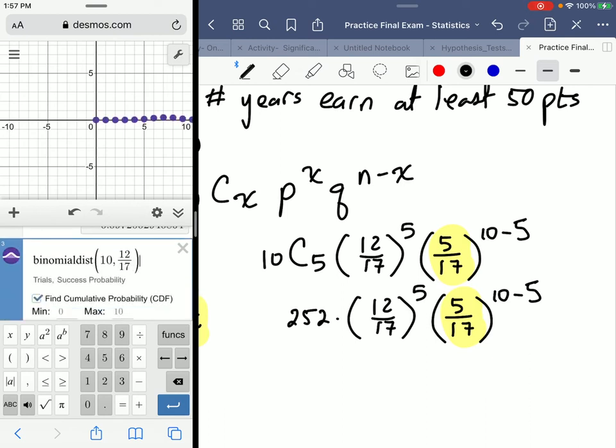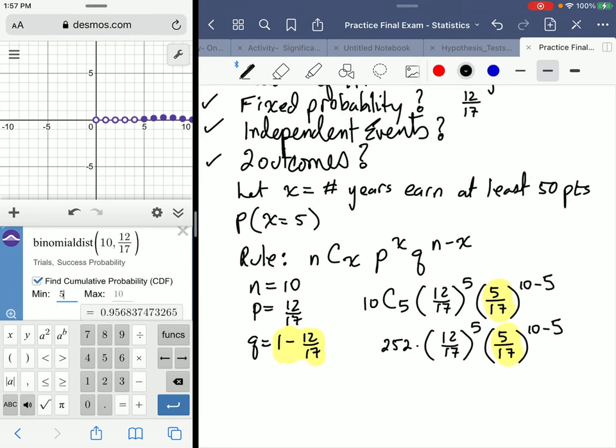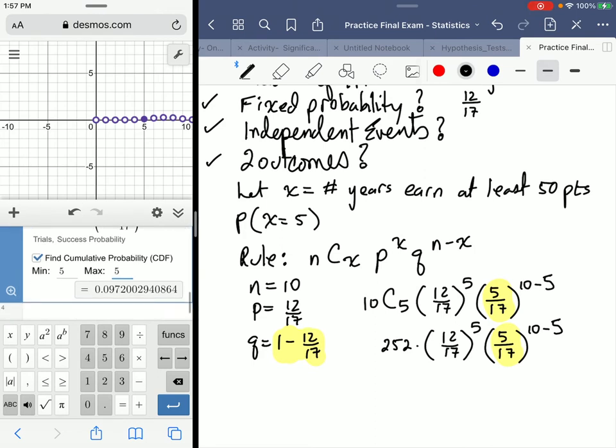Then select cumulative probability, and we want X equals 5. So we put in 5 for the low bound and 5 for the high bound, going from 5 to 5. That makes it exactly 5, and you get 0.0972.